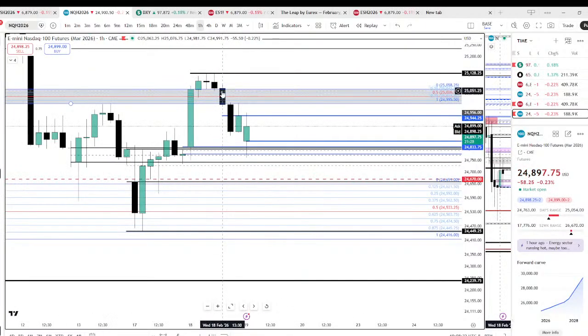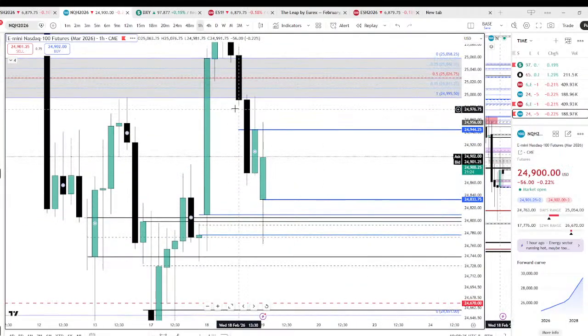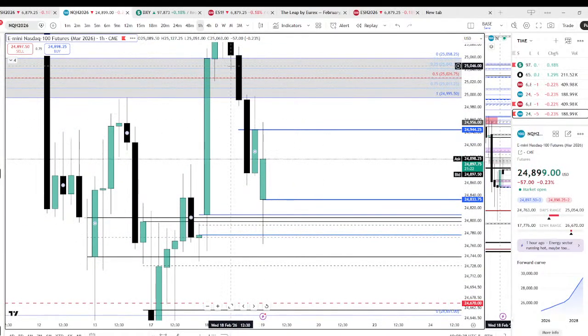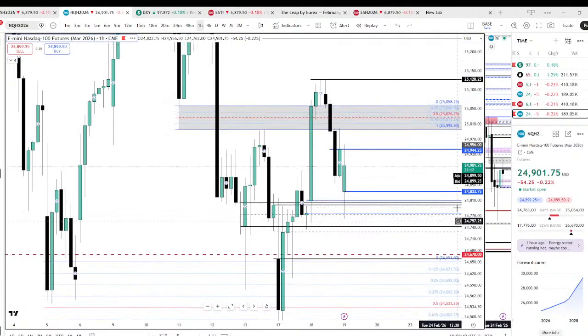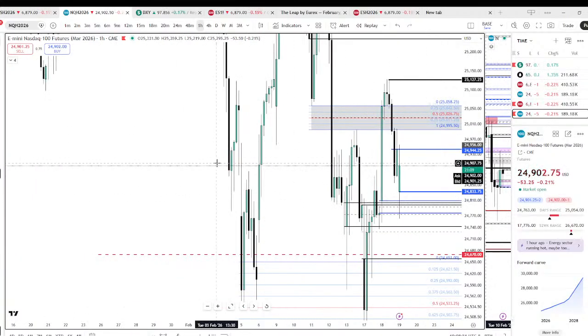Again, we have that fair value gap that formed over top of the daily sell side imbalance, buy side inefficiency. So this is looking like a high probability short to me right off the bat, when a PD array forms over top of a higher time frame PD array. That's exactly what I look for.